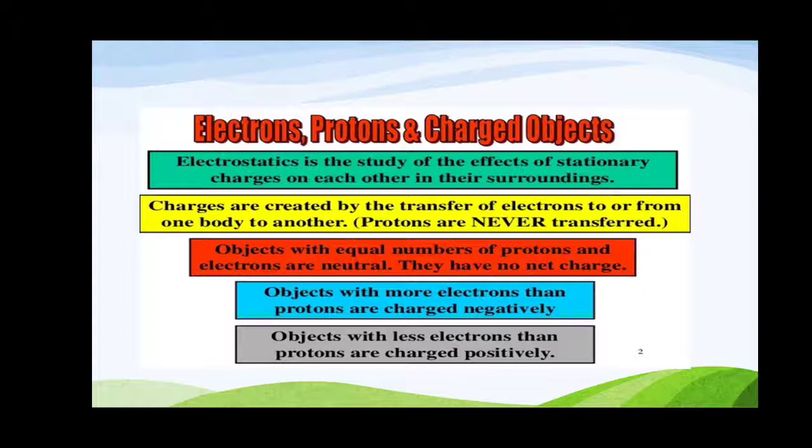Inside the nucleus of an atom there are protons and neutrons, and around the nucleus electrons revolve. Electrons are negatively charged and protons are positively charged. Always in an atom, the number of electrons is equal to the number of protons. So the atom is said to be electrically neutral.